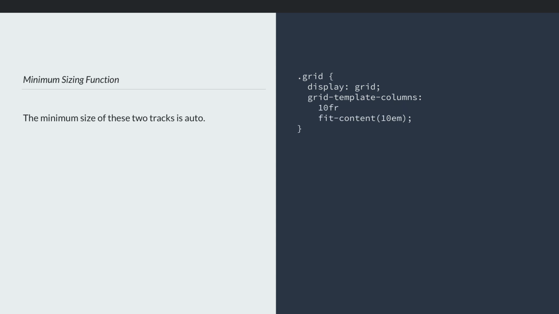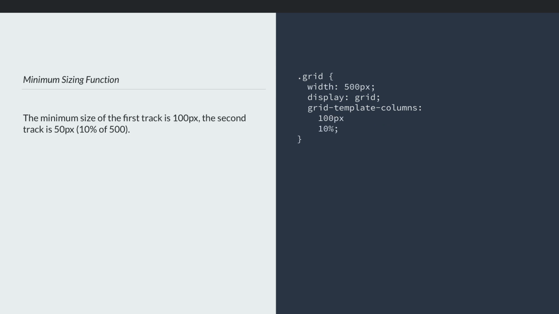If we step away from minmax and use FR units or fit-content, then it's just like we'd use minmax, essentially. The minimum size of that track is auto. Otherwise, you're using a length or a percentage, in which case the minimum sizing function is that length or that percentage. You've said, I want this track to be 100 pixels. Well, that's its minimum size, because you've said that's what the size should be.